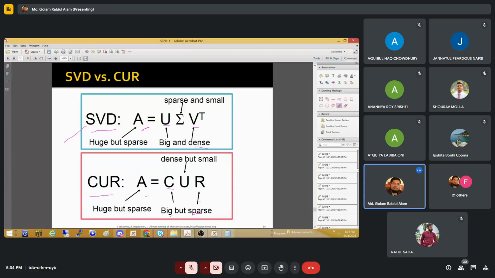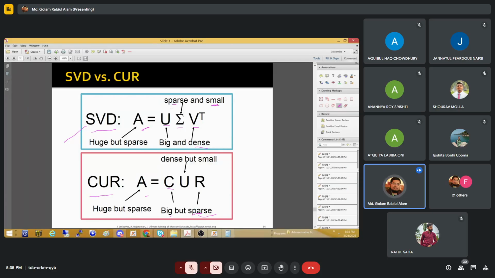Because it keeps the sparseness of the values in the rows and columns, it holds the sparseness. But our sigma, the singular values, is sparse and small.